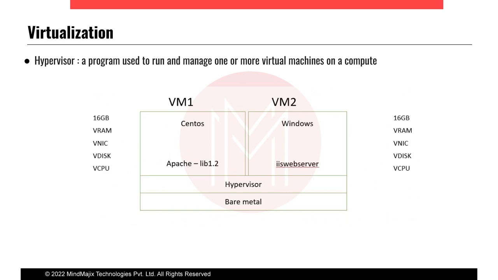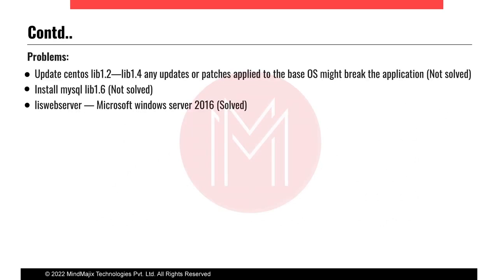But we also do have problems in this concept. So what are the problems we are facing here? The problems we have discussed previously, when we are updating this CentOS, the same thing happens here also, and this problem is not solved in the concept of virtualization. Even when we want to install MySQL, we cannot do it because of the library dependencies.